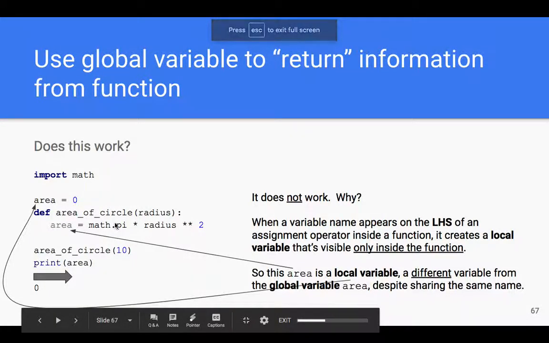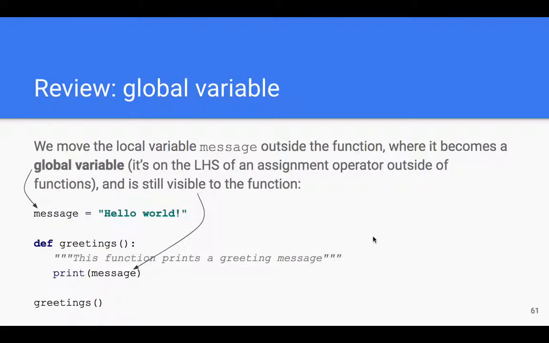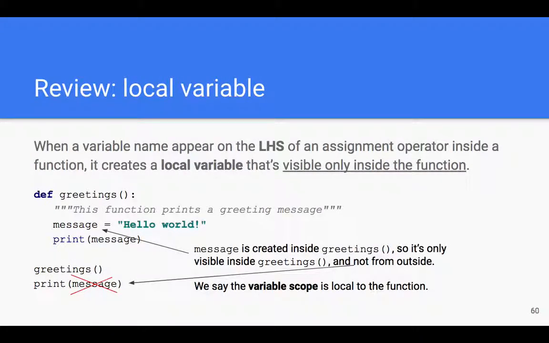okay? When we're inside a function and the name of a variable appears on the left-hand side of an assignment operator, that creates a local variable. And that local variable is only visible inside the function. This is what we said in this review, in this slide, so you can go back and read it.